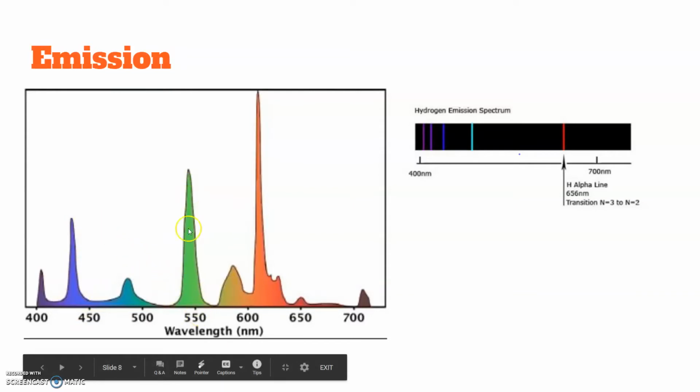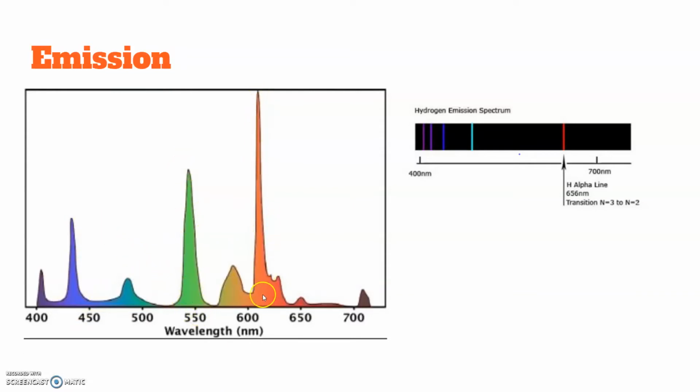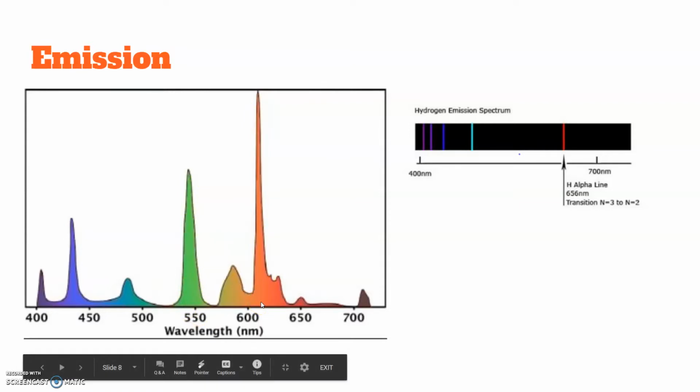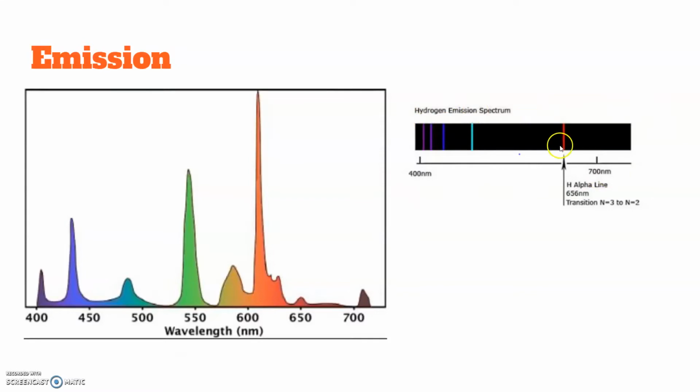Every element corresponds to a specific wavelength, and so we can use that to determine composition of things such as stars. When we see it on the emission spectrum, it looks like bright fringes on a black background. Generally, hot and low density objects work best for this, but really almost anything will.